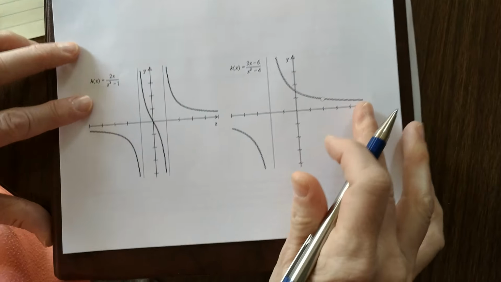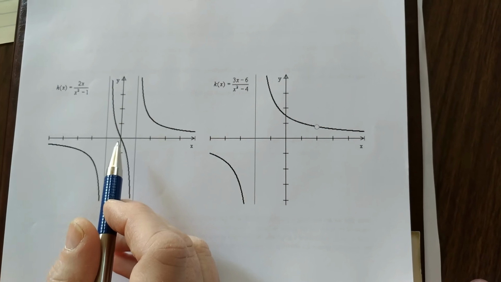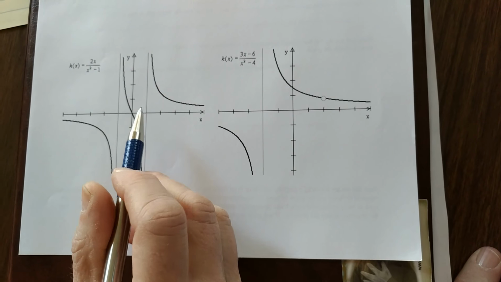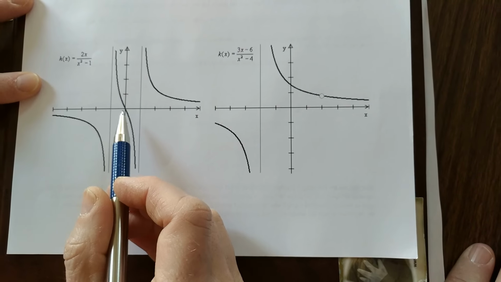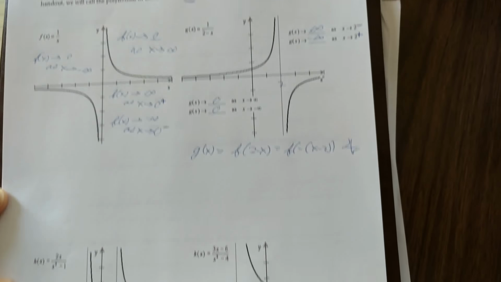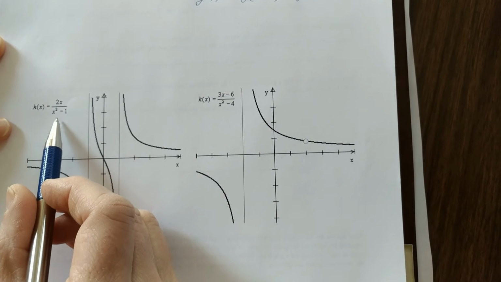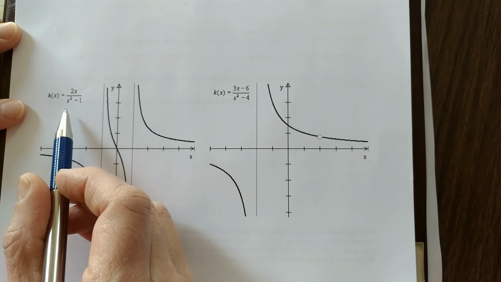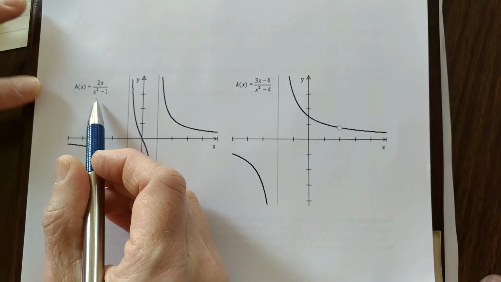We're going to move on to h. For h, before I move on, I just want to make a general comment. For any of these graphs, all 4 of them, the vertical asymptotes are happening when the denominator is getting close to 0, which happens when we get close to the factors of the denominator.